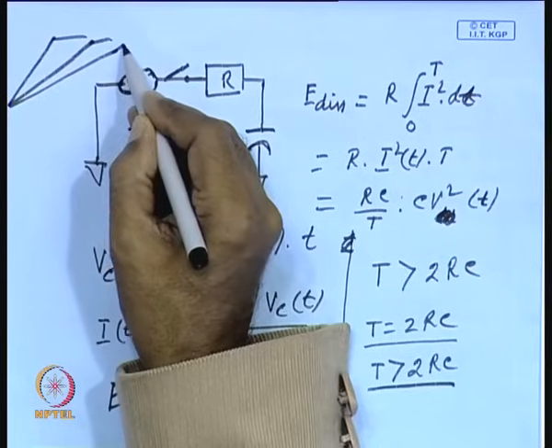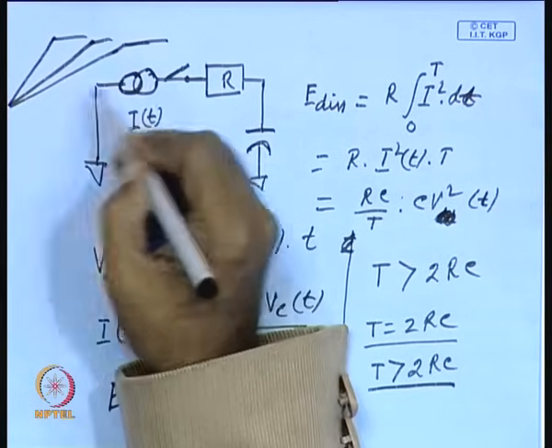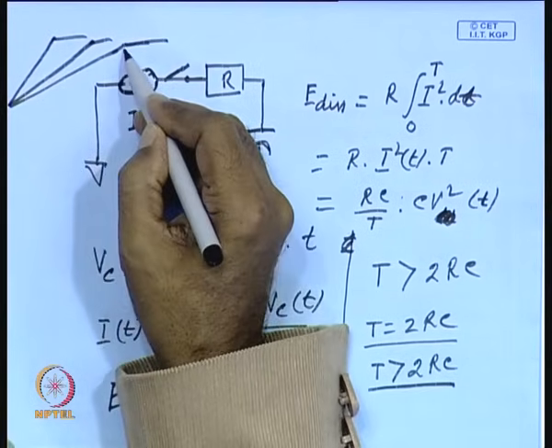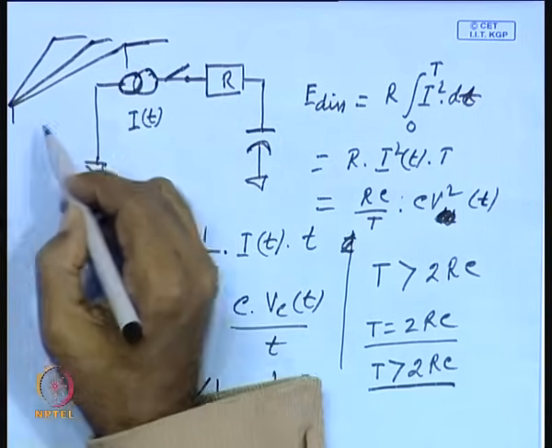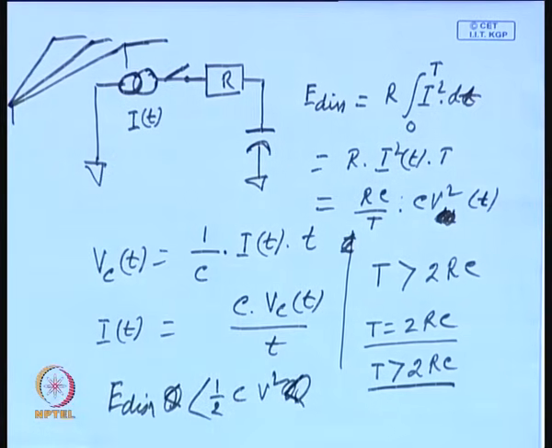We can apply a voltage of this type, which rises very slowly, and as a consequence the time t can be made much larger than 2 R C. So, whenever we make t greater than 2 R C, we are able to reduce the energy loss per switching to less than half C V D D square.